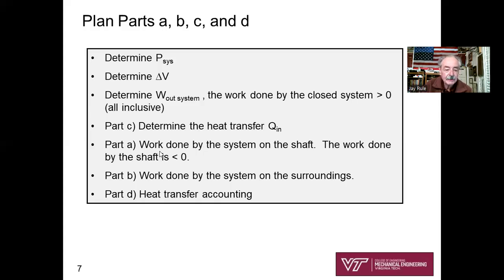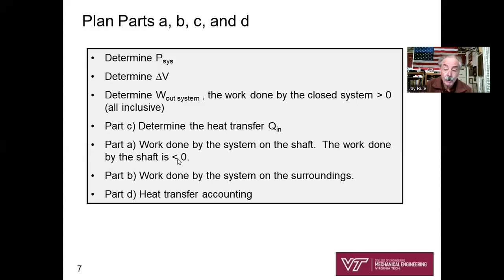Then we're going to calculate the work done by the system on the shaft, right? So a force through a distance. So this is just kind of like a little side job. Force through distance, we know that the force is constant, that was given, and delta Y we have solved up here. So that'll be the work done by the shaft. It's going to be a negative number.